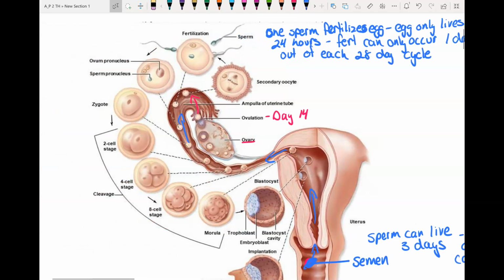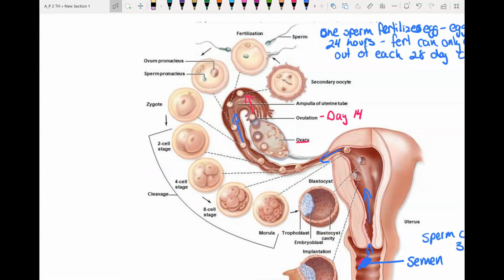So once an egg is fertilized, then it goes through meiosis II, so that then you get, if you look at the pictures here, there is a polar body. A fertilized egg goes through meiosis II.